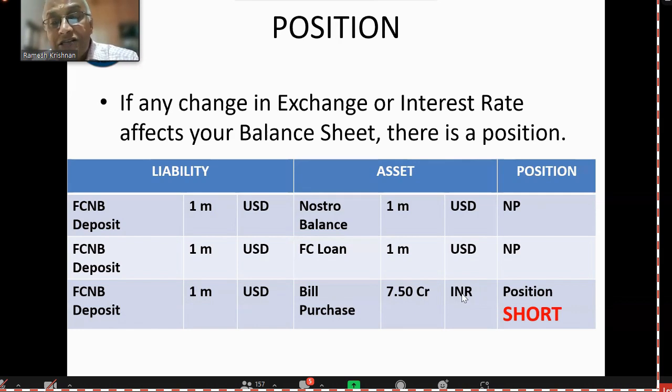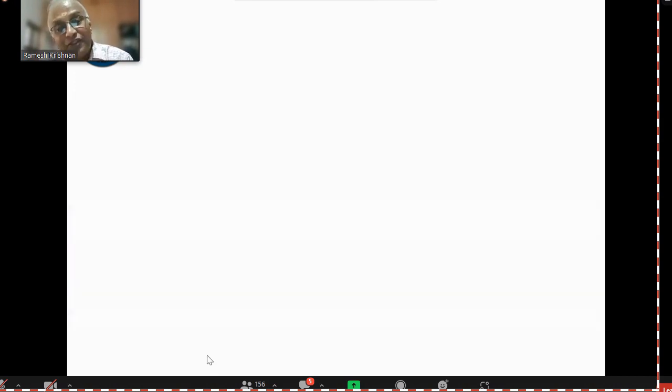So your asset is in rupee, liability is in dollar. So in dollar, you have a short position because you have sold $1 million in the market. And then dollar touches 80, you start worrying. So a position affects your balance sheet the moment there is an exchange rate movement from 75 to 80. So this is a position.